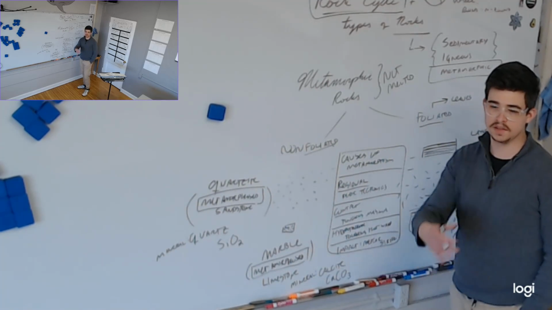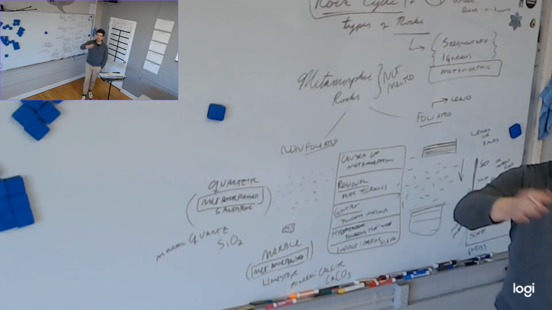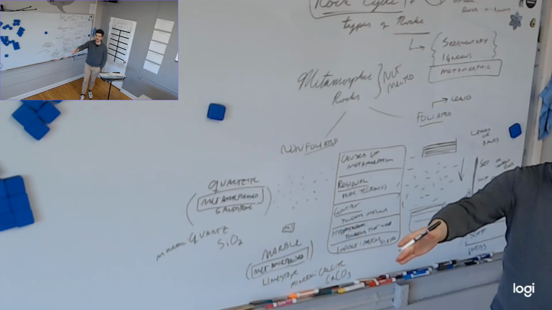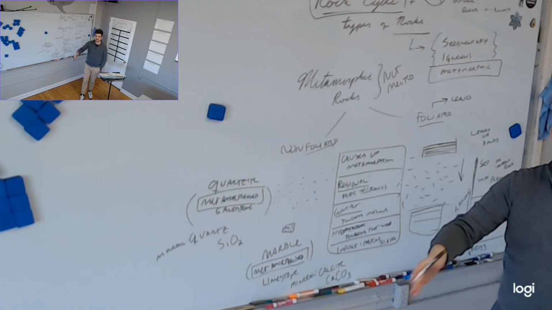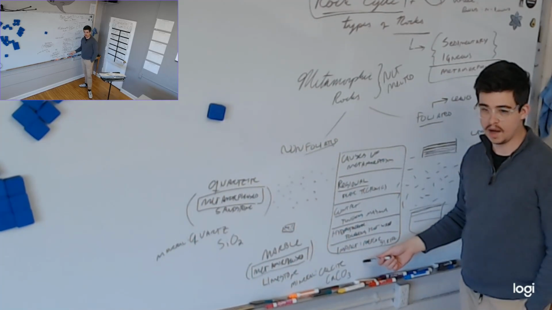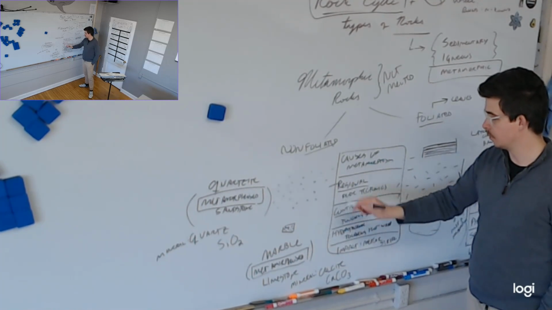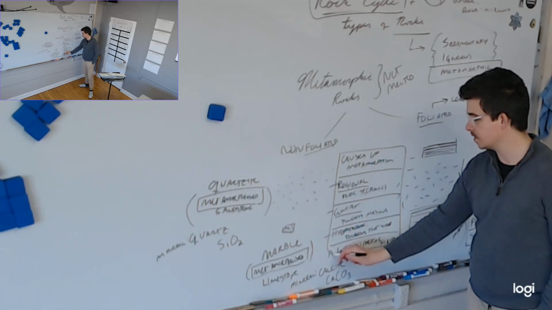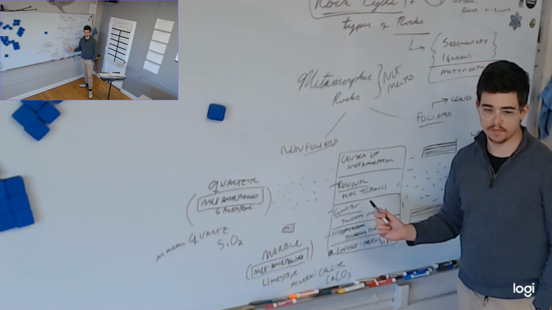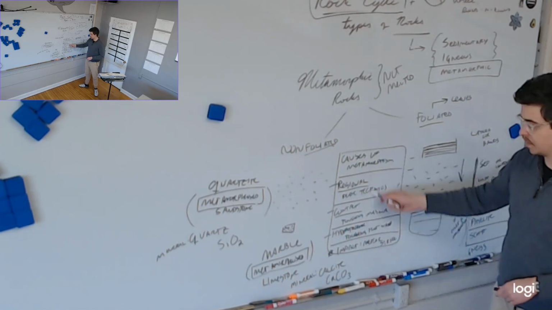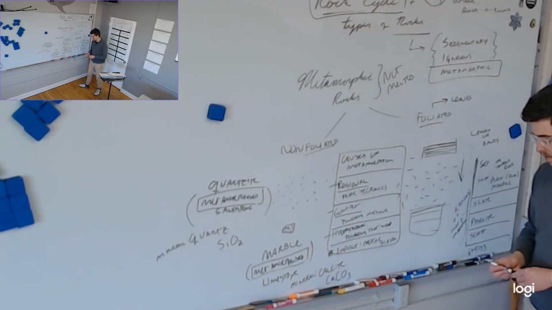And since we can still see an impact crater hundreds of thousands or millions or tens of millions of years after it happened, it's still cool, and we still do talk about it. So you should be aware of it. But these are the four main, or really three main and one cool, awesome causes of metamorphism. The other three are a lot more common, but the impact one's the coolest.